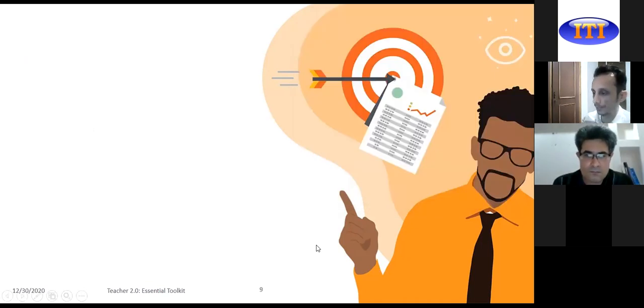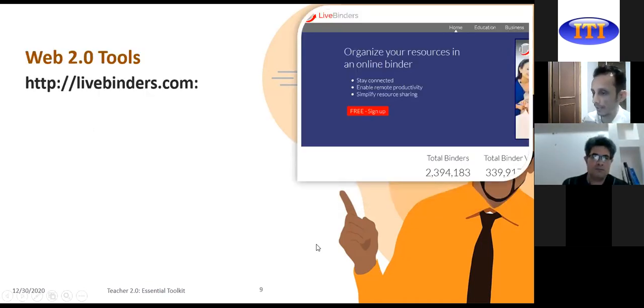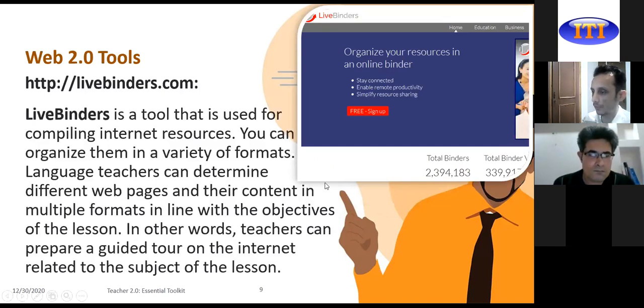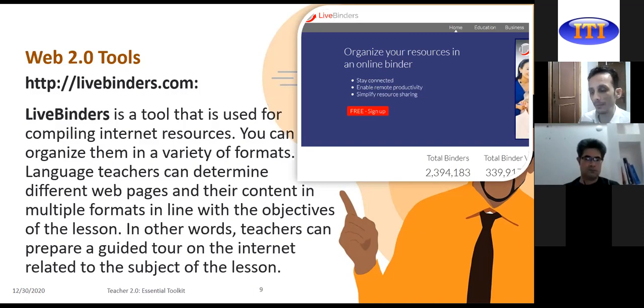The next one is Livebinders.com. It's a tool used for compiling things. If you want to compile internet resources, Livebinders is one of the best tools out there. You can organize your resources in a variety of formats, and you can determine different web pages and their content in multiple formats. You can consider the aims of your lessons, and if they are in line with those things, you can put them together and compile them.